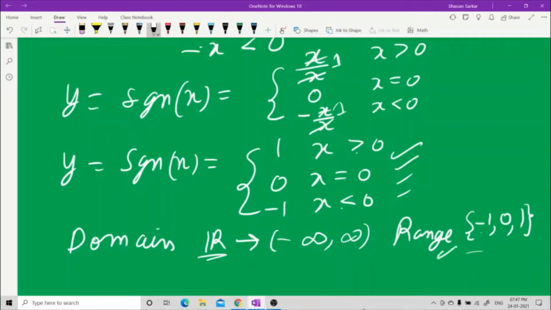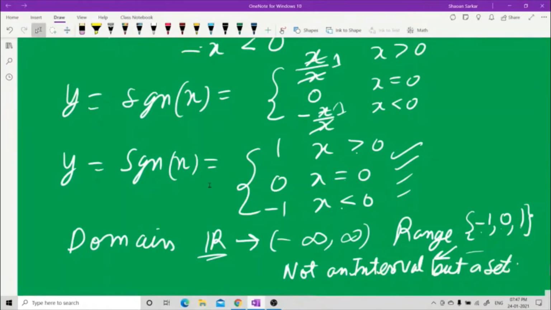This is not an interval, but a set. Let me write one thing very clearly.